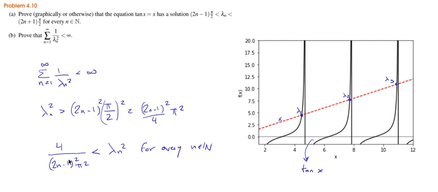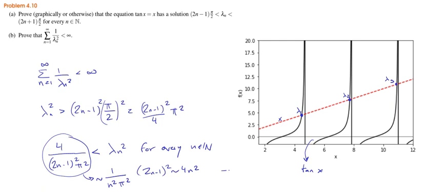But now we have (2n minus 1) squared is asymptotically equivalent to 4n squared, right? So this term here is asymptotically equivalent to 1 over n squared pi squared.